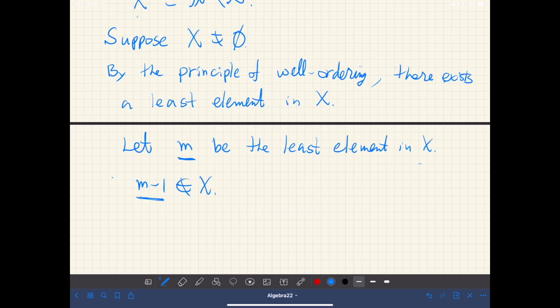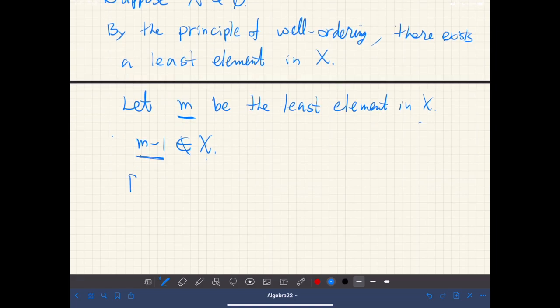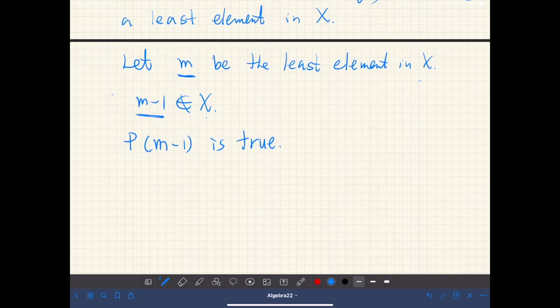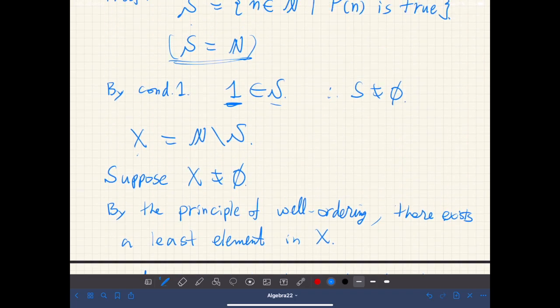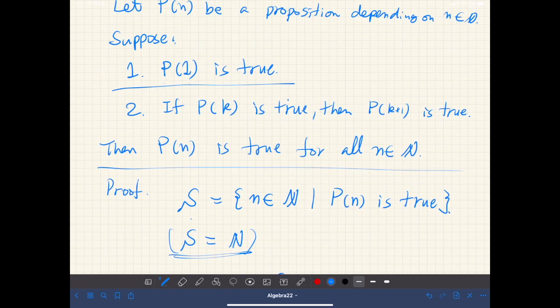But since M minus 1 does not belong to X, it means that the proposition P of M minus 1 is true, right? However, by condition 2, if P of k is true, then P of k plus 1 is true.